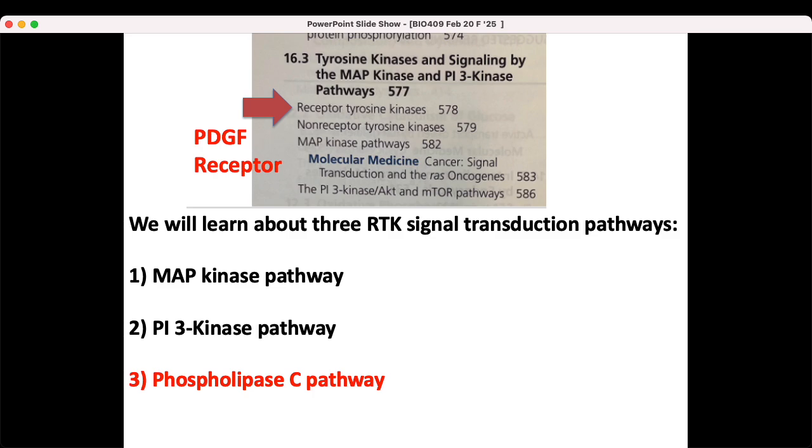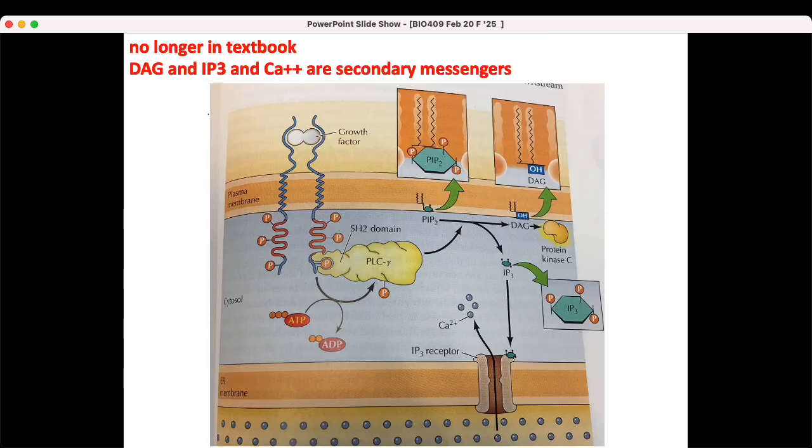Okay, so the phospholipase C pathway. Again, no longer in your book, but the reason we're talking about it is because it activates three super famous second messengers. There's a chance that way back in intro biology, you remember the word second messenger.